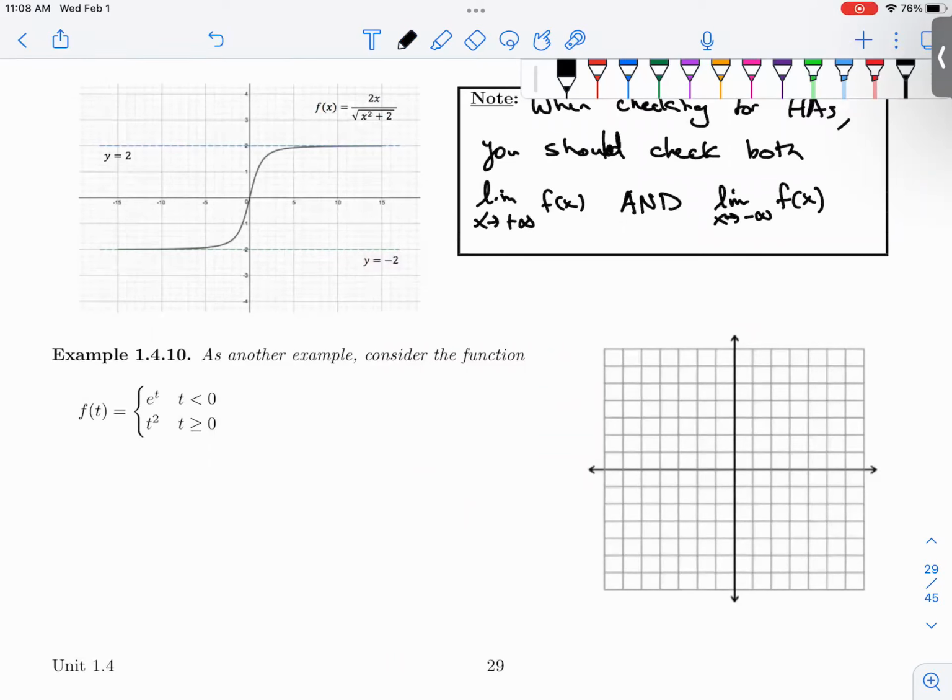Then for t less than 0, at 0, e to the 0 is 1. So this is part 1 and this is part 2. Piece 1 starts at 1 and then just decreases indefinitely. Whereas if you're greater than or equal to 0, it's t squared, a parabola centered at the origin, and it just grows infinitely. It looks like this.